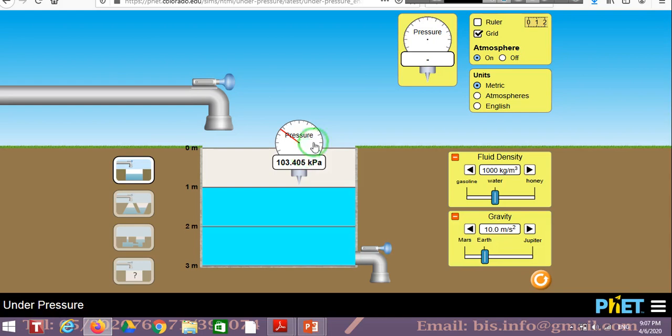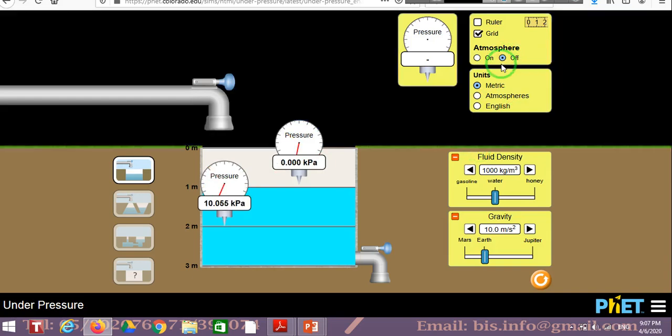What about inside the liquid? Let's take this point as an example. If the atmospheric pressure is off, the pressure exerted at this point is 10,055 Pascal, and the pressure at the surface is 0 Pascal, at the surface of water, of course, or any liquid.